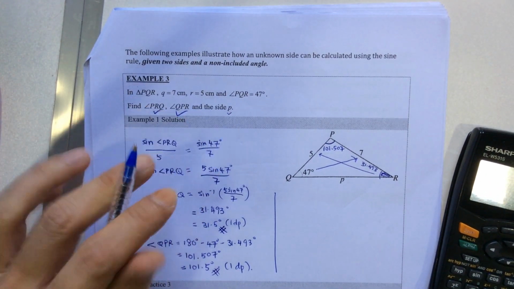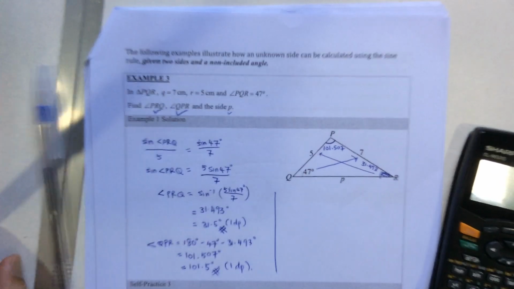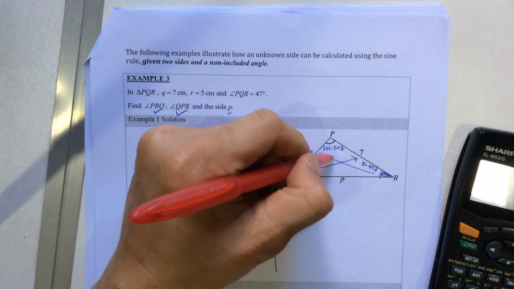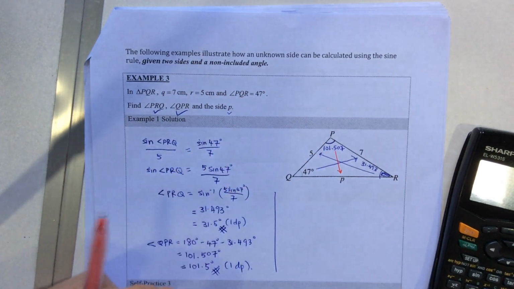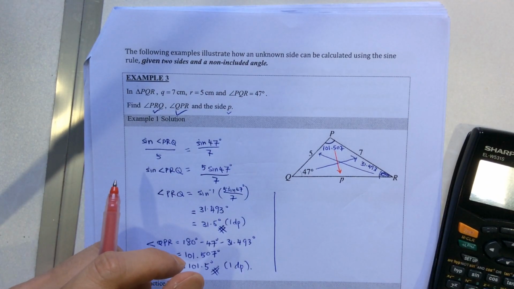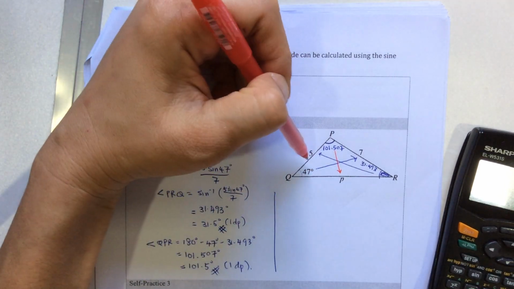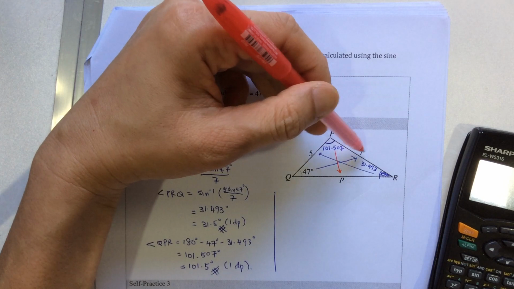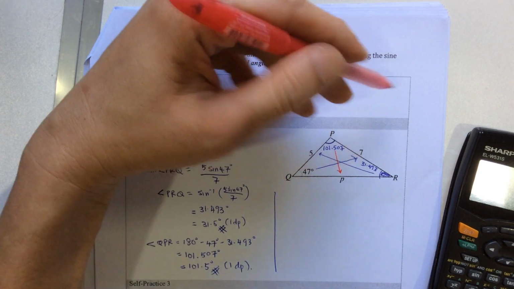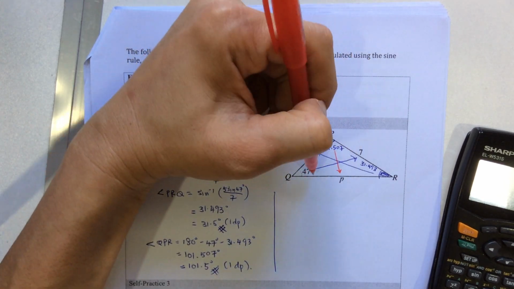So this will be similar to the previous example. Side P is related to this angle 101.507, and then we can choose the other pair. So usually we will choose the pair that is already given by the question. So you can see 47 degrees and 7 is given.